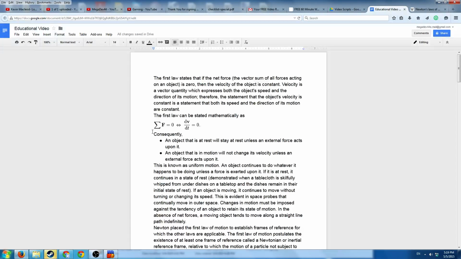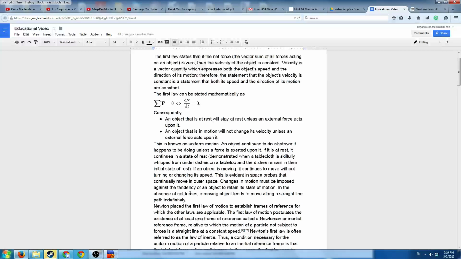An object that is in motion will not change its velocity unless an external force acts upon it. This is known as uniform motion.